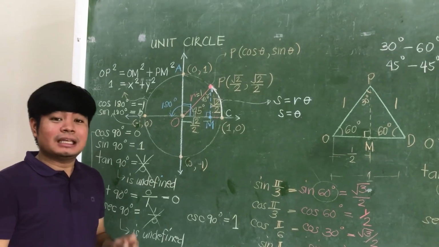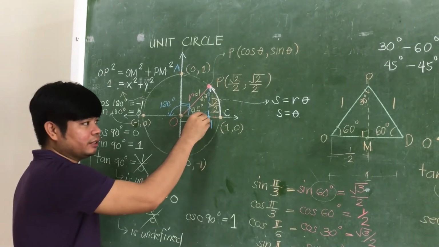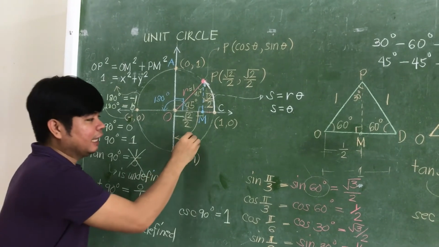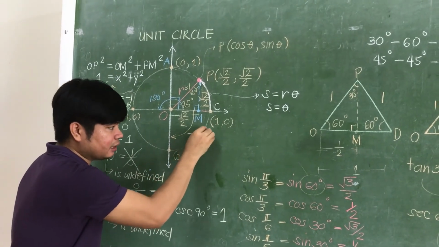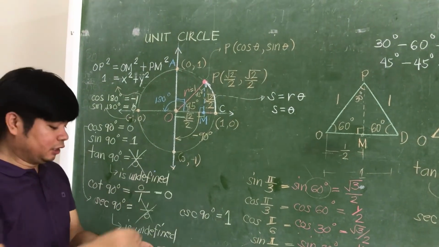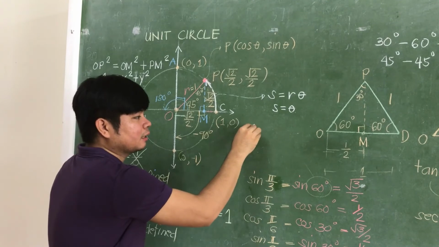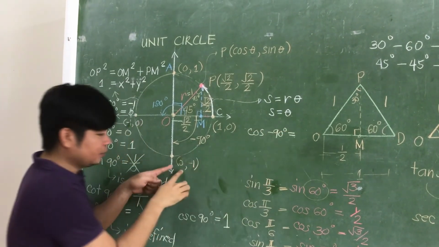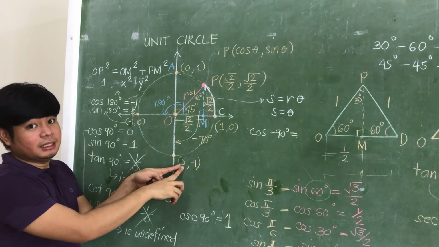If the movement is clockwise, in standard position you move this way and stop here, that is negative 90 degrees. The coordinates are (0, -1). Therefore cosine negative 90 degrees is the x coordinate, that is 0.